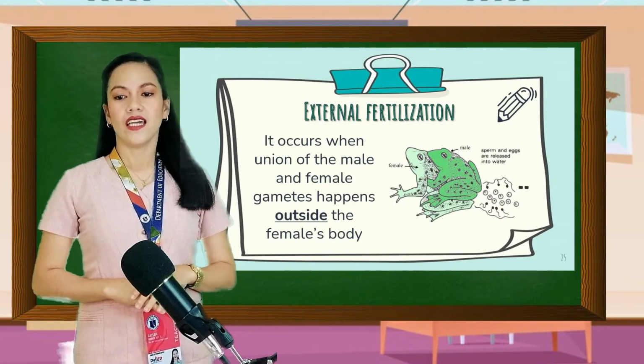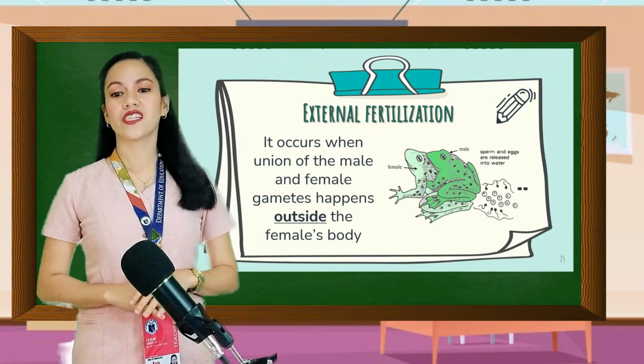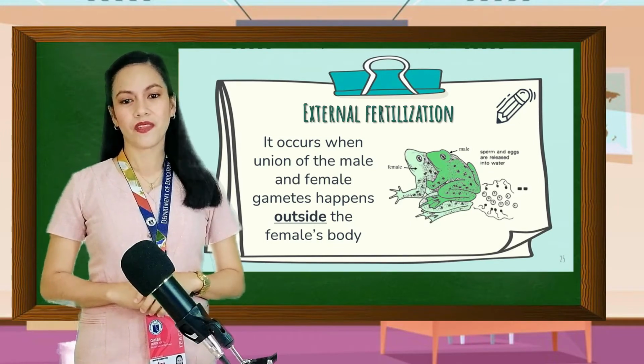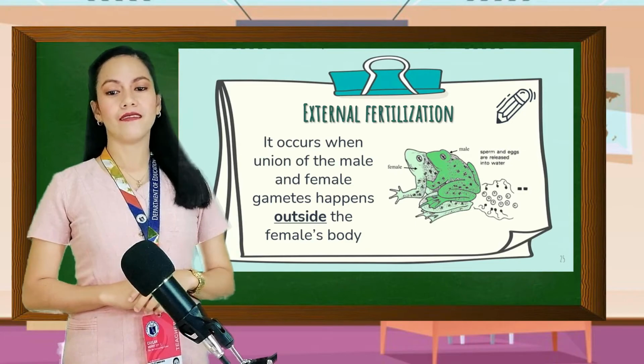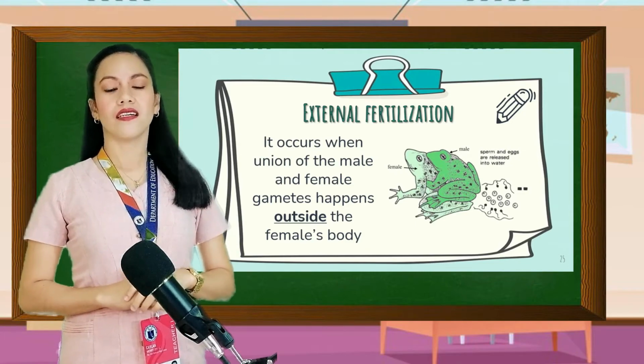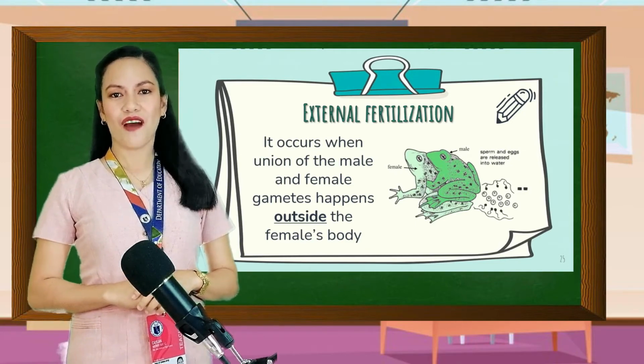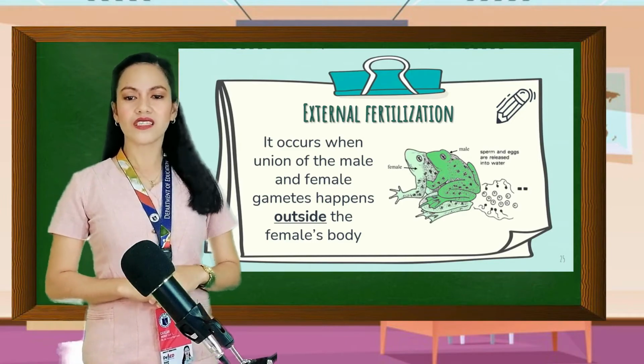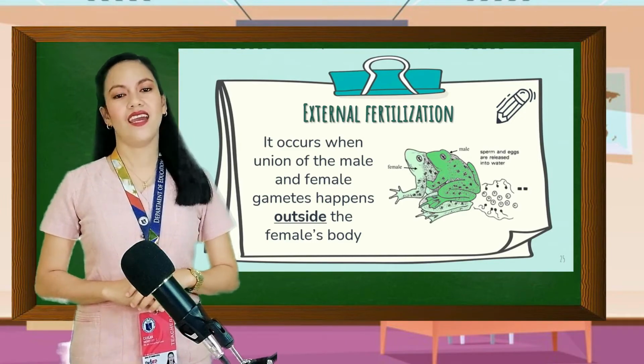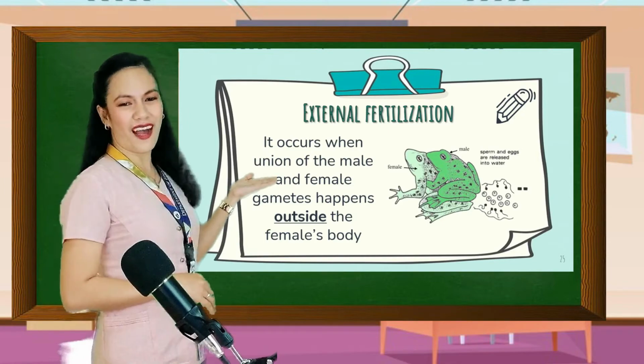This happens in the outer environment, especially in water bodies. Both male and female release their gametes in the external environment. This occurs among amphibians, algae, and fish, just like the frog.